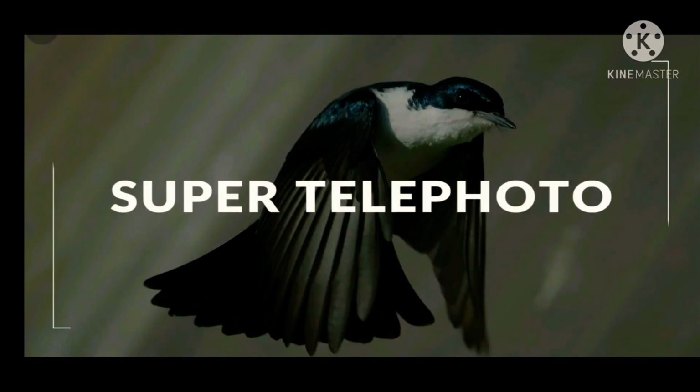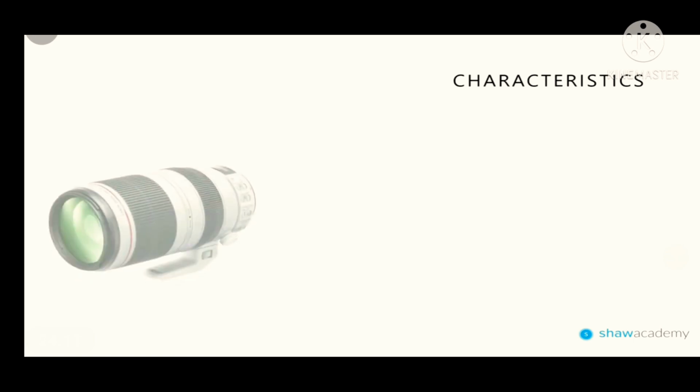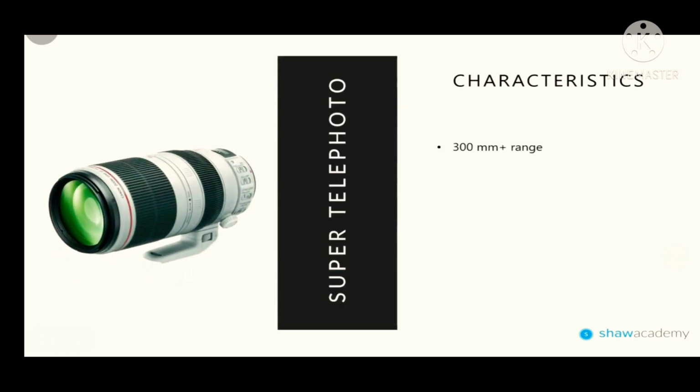Super telephoto versions are even harder to use, and this is basically any lens that's got a range from 300 millimeters plus. So they're also incredibly expensive as well. They're very, very large. You'll see these are ones that usually are used at the sides of football matches or at the sides of soccer matches, rugby, any kind of sports event.